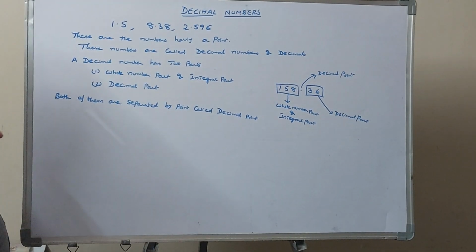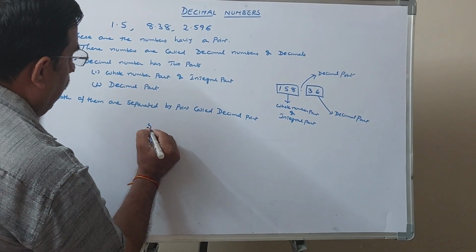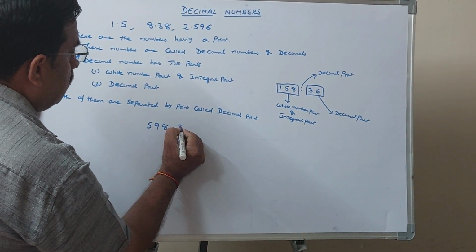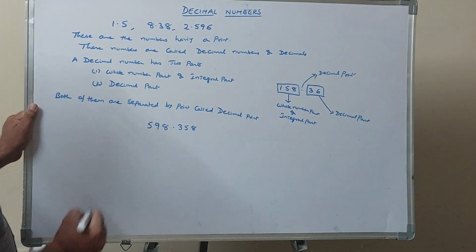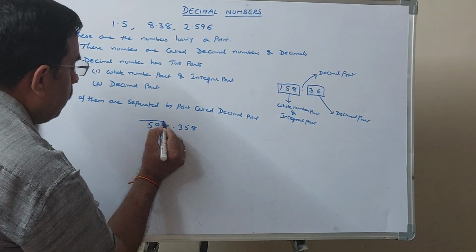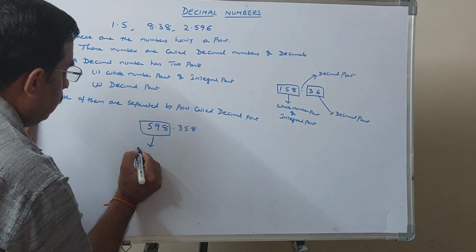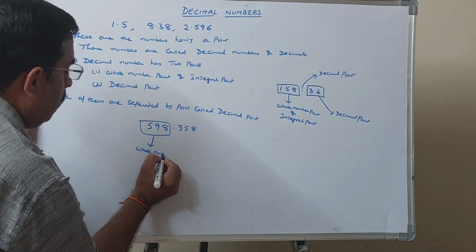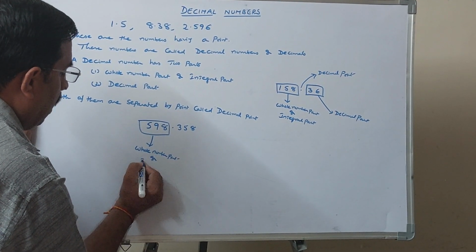Here you see one more example. I'll show you here. 598.358. So this is the whole number part or integral part.